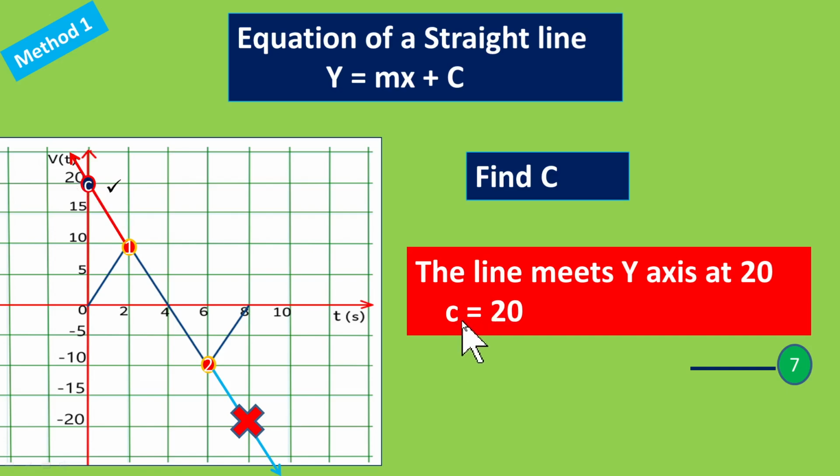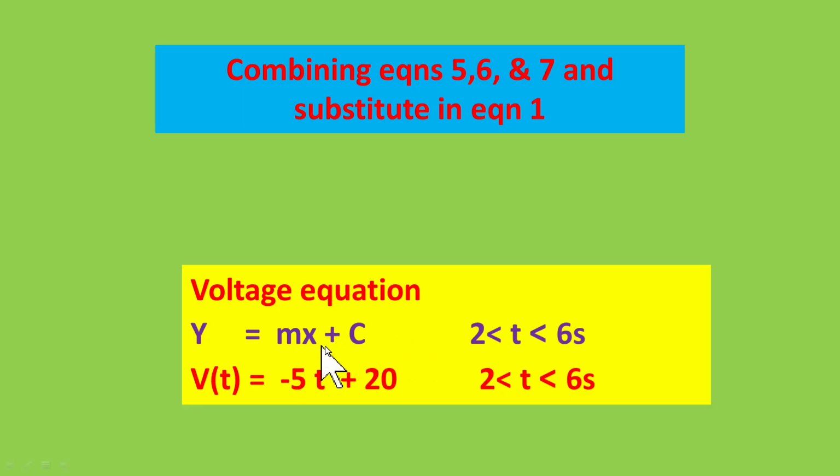So here the point of meeting the y-axis for this line segment is c equal to 20. So now substituting the values of equations 5, 6 and 7 into equation number 1, we make m as minus 5, x as t and c as 20. We'll get the voltage equation for y as v of t, that is equal to minus 5t plus 20 for the time period 2 to 6 seconds.